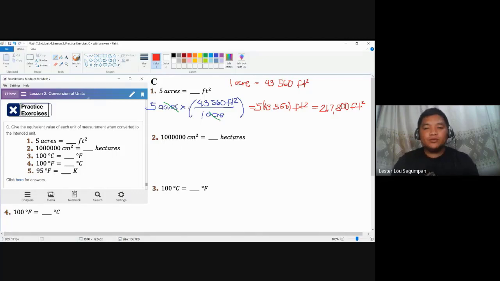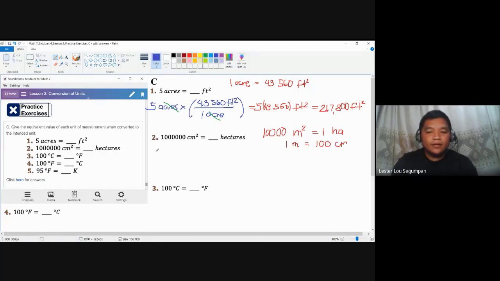But for number two, from square centimeters to hectares, there is no direct relationship between the two, but we could use the relationship that 10,000 square meters is equivalent to 1 hectare, symbol ha. And then meter to centimeter, we know that 1 meter is equal to 100 centimeters.